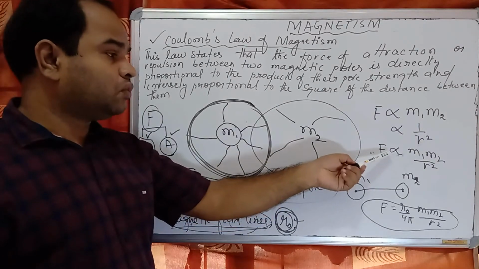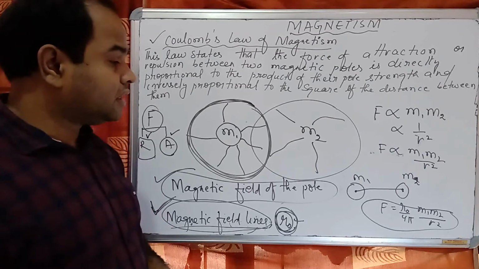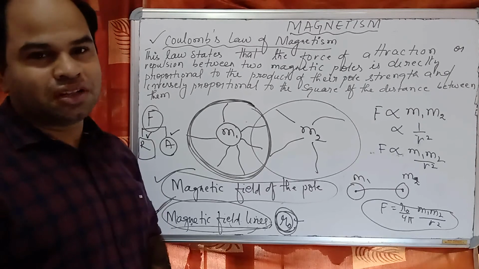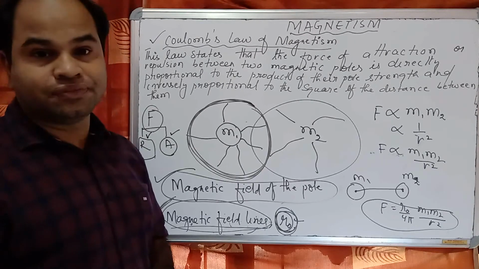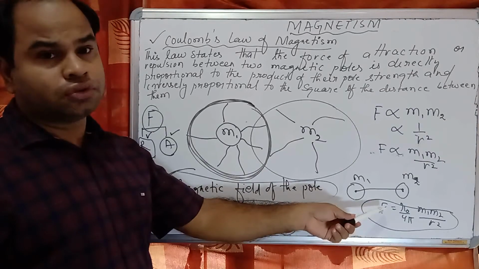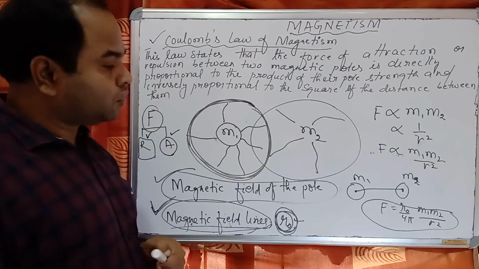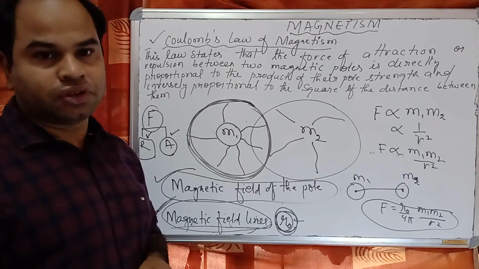So that means force is proportional to the product m1 m2 by r square, and removing the proportionality we get a constant. That constant is mu naught by 4 pi. So the force between the two poles is equal to mu naught by 4 pi into m1 m2 by r square. Okay?